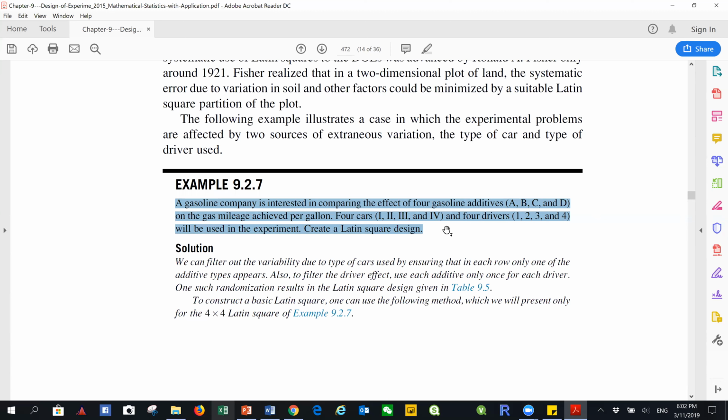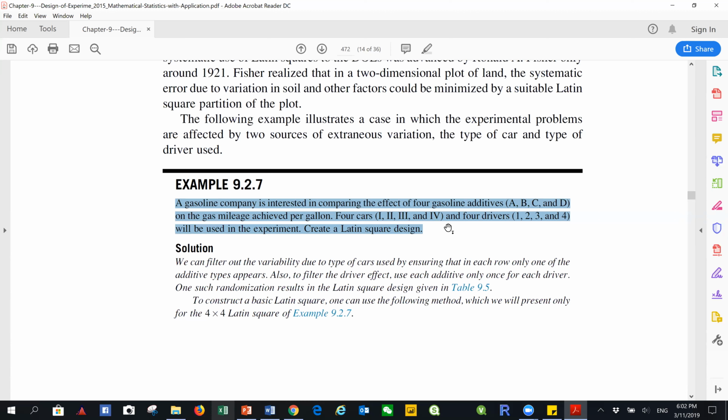Okay, so how do you do that? We have different gasoline additives A, B, C, D, and this is the treatment, but we have 2 factors. Each factor has 4 levels: 4 cars and 4 drivers.